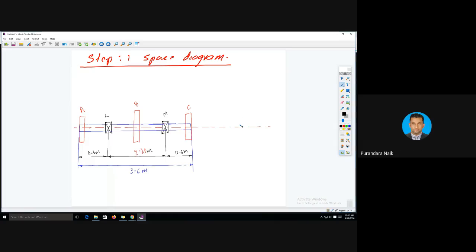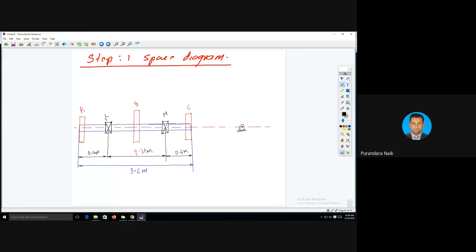Now we need to draw the front view, okay? Front view. Mark a point. To draw the front view, you need to consider any one plane as a reference plane to measure the angle, right? Here there are two types of reference plane. One is to identify the reference plane to take the angle in the space diagram.